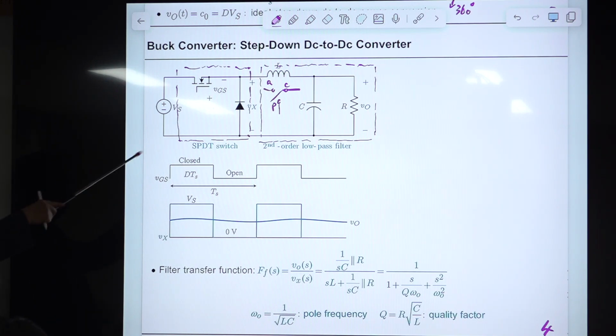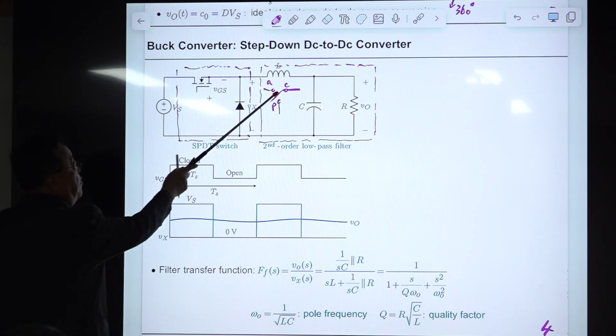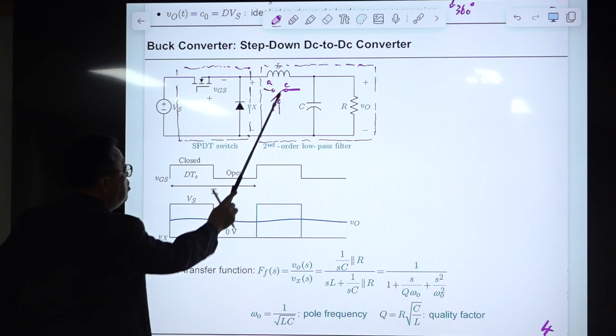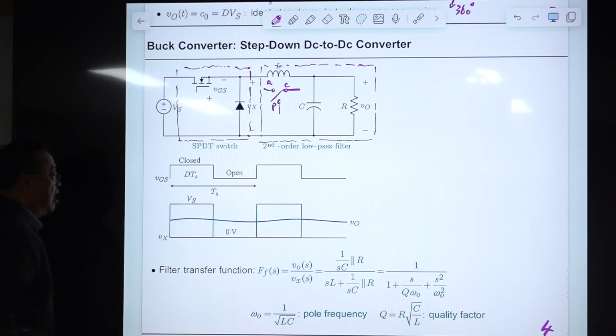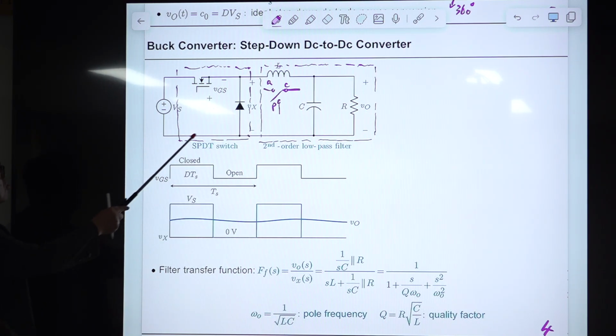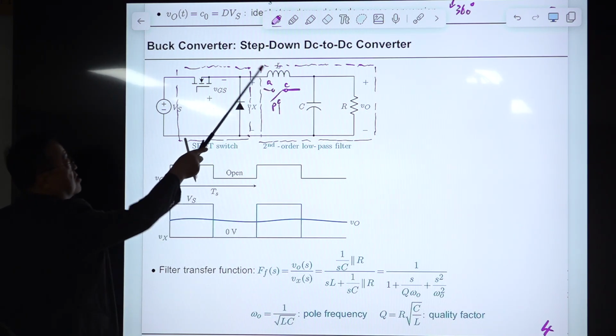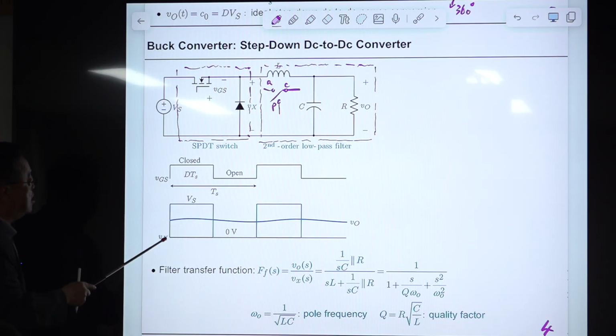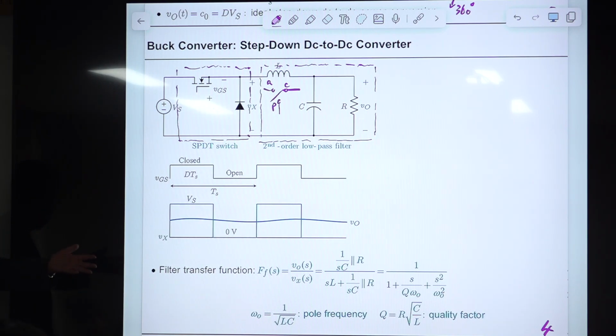So with this kind of operation, the common throw is connected to this P pole, which is the function of this SPDT switch. Okay, so this functions as this, and this functions as the low pass filter. So this type of voltage will be generated, same as the previous case. Very similar to that, but not exactly the same as the previous one because of some practical limitations of the device.